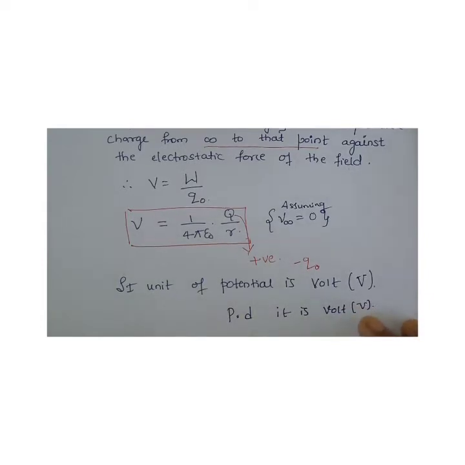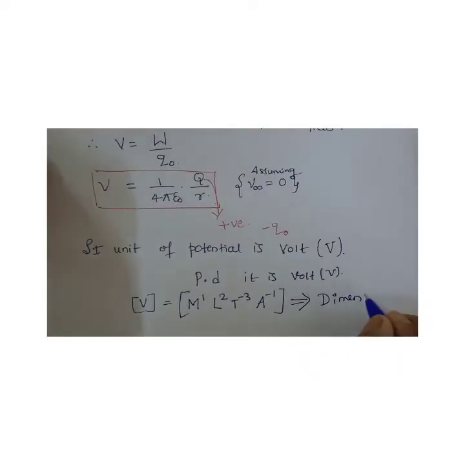You may get a 1 mark question to write the dimensional formula for potential. So what will be the dimensional formula? It is M^1 L^2 T^-3 A^-1.